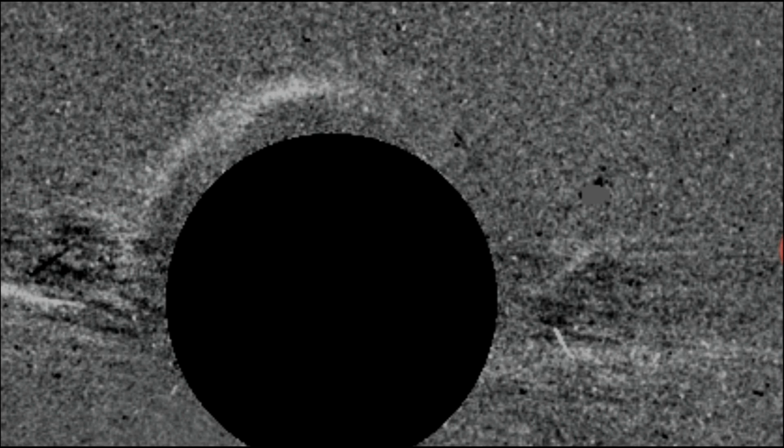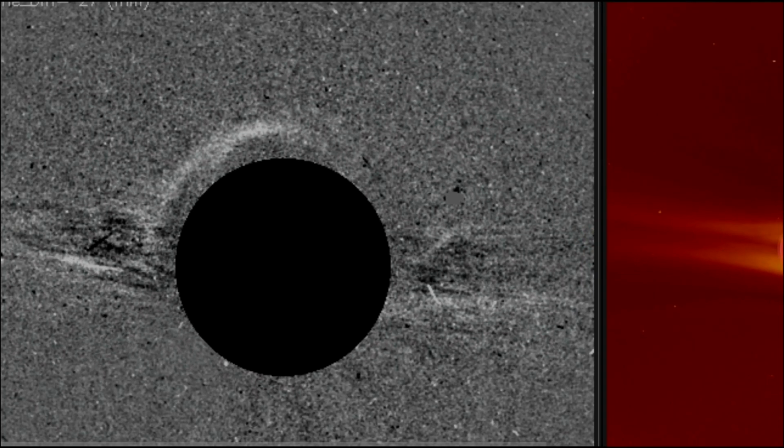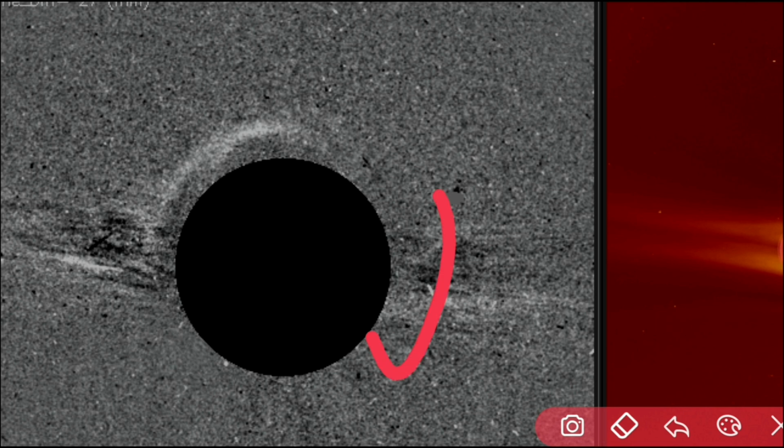Now, keep in mind, guys, this is going off the back side. So none of this is going to the left or to the right. It's going directly off the back. I'm going to zoom out here because you can see it a little bit better. You can see the haze of this energy stretching all the way like this. That's almost a full-blown halo-sized explosion off of the sun.